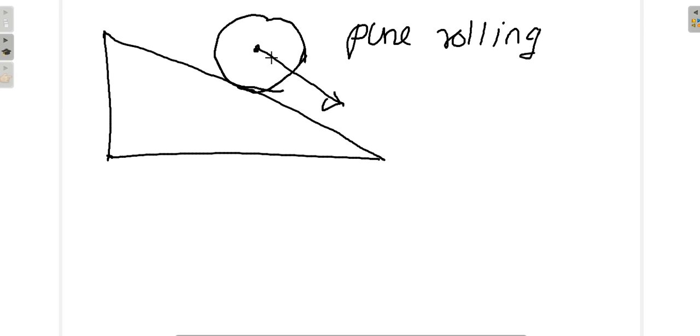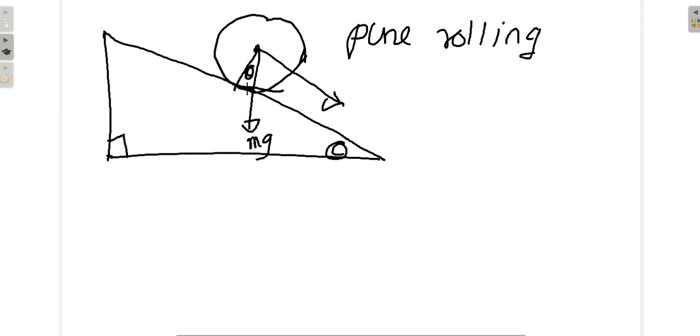So let us see, the weight mg is acting in the downward direction. This angle is theta. You can see the geometry, and this angle also will be theta. I hope you understand this. We are moving this line by 90 degrees, making it vertical.